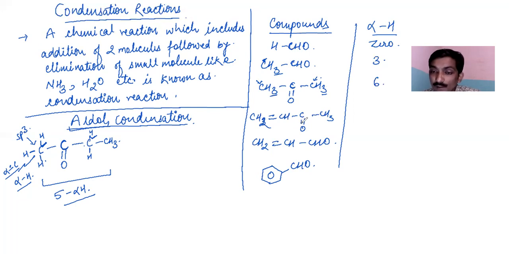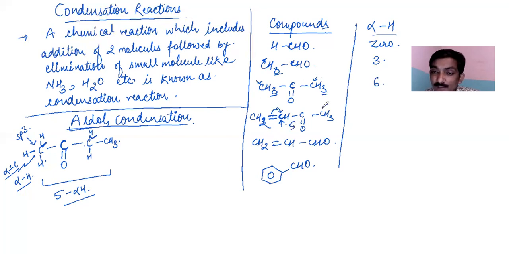This compound is bonded to an sp2 carbon on one side. sp2 carbons, even if they have hydrogen, these hydrogens are not counted as alpha hydrogens because these are not going to release this hydrogen, and these carbons are actually involved in resonance here.